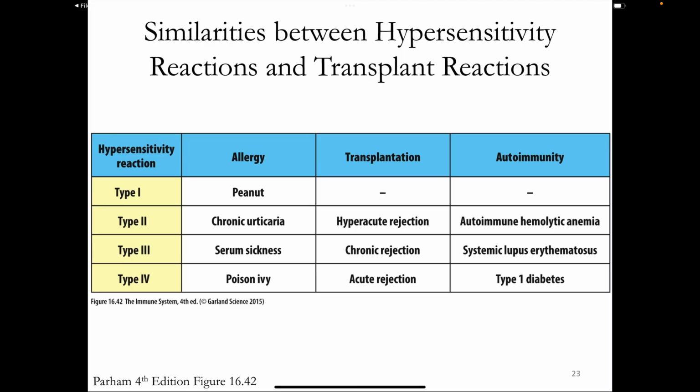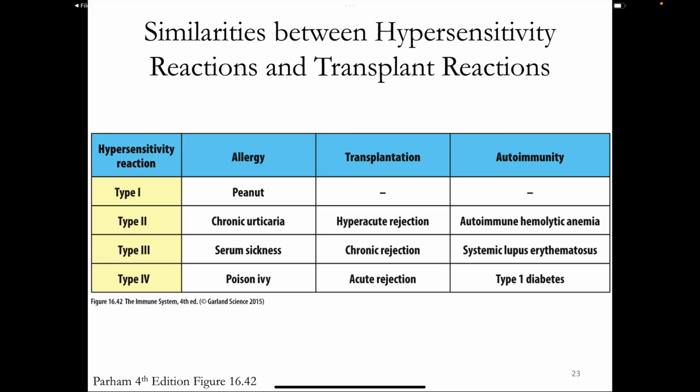So then we have this third type of rejection that also can happen. This rejection happens after acute rejection. Basically, if the graft survives acute rejection, then we can see this final type of rejection, which is known as chronic rejection.